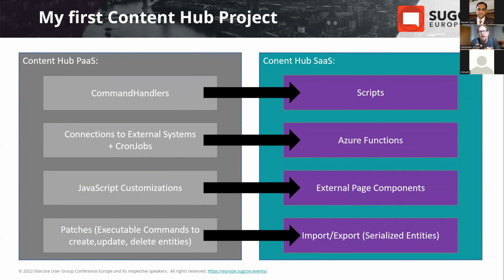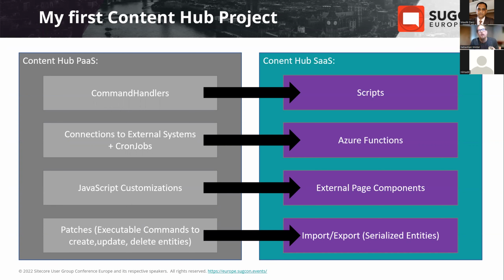which, when I started, the original code was already reviewed and split into chunks, like tasks in Jira, to understand what needs to go where in the SaaS solution. So in the PaaS world, we had command handlers, which was the way we reacted on changes in Content Hub.